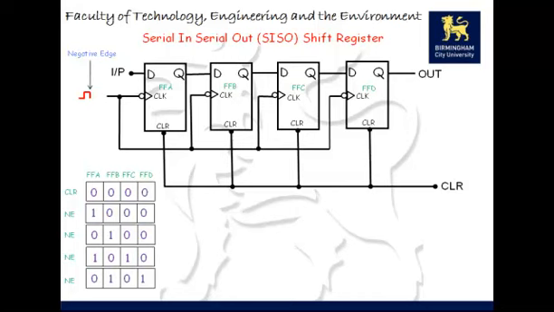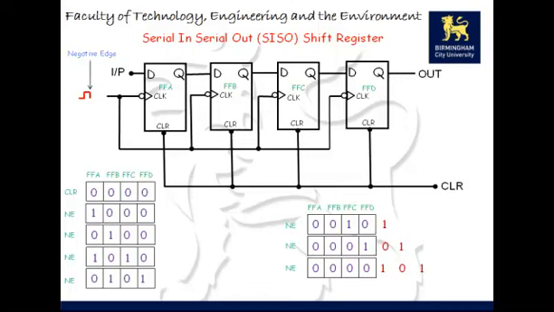Right, once all the values have been loaded in the flip-flops, then what we can do is push more values into the flip-flop from the input and retrieve them as they come out of the flip-flop. So put a 0 in, that'll knock the 1 out that was on flip-flop D. Put another 0 in, that'll knock the 0, 1 out.